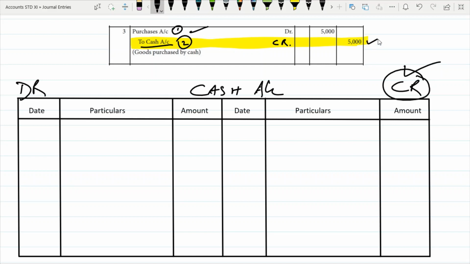Next, how much is it credited by? It is credited by 5,000. So note down 5,000. Next, what do we write here? In this case, we write the opposite side, that is by purchases.